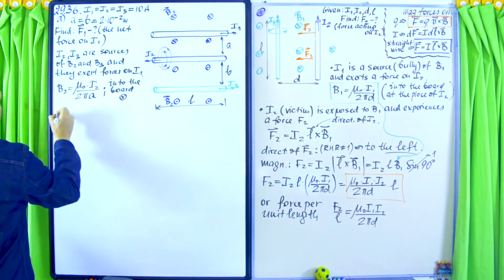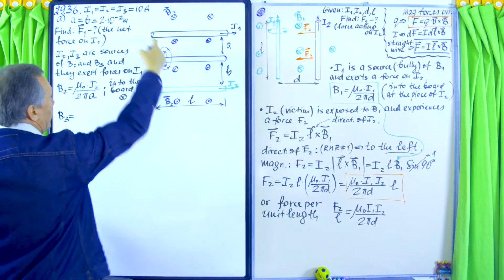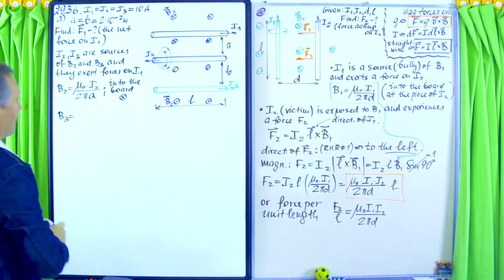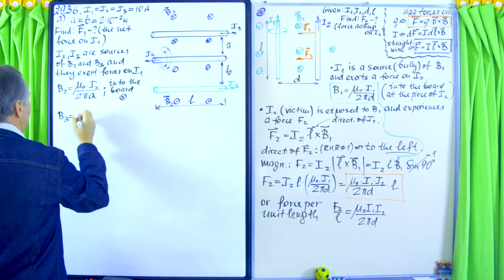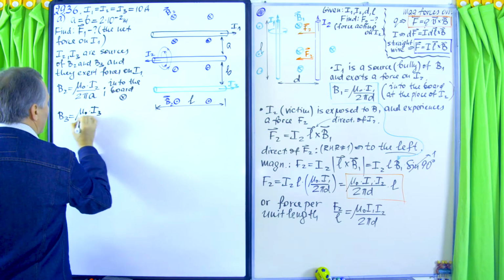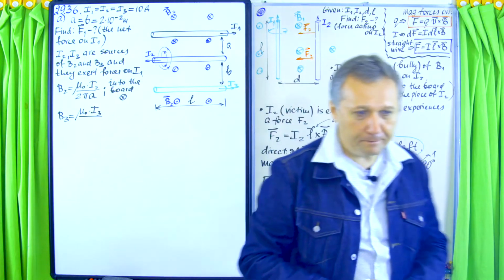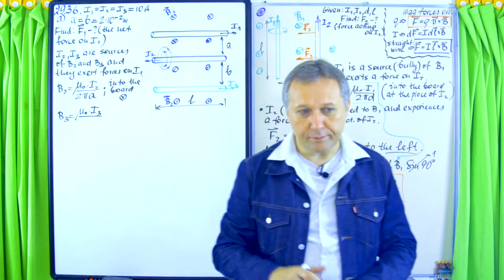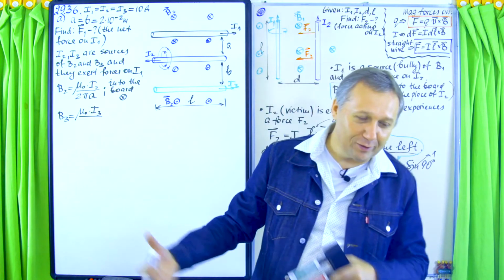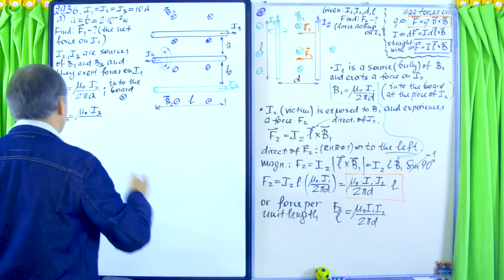So now let's do the same for B3. Magnetic field created at the level of wire I1, but now created by this green wire. So again, guys, I'm trying to be as thorough as possible, but if you're still getting lost somewhere, tell me. If something is not clear, if some of my logical steps, logical according to me, maybe they're not so logical, just tell me if you need clarification.